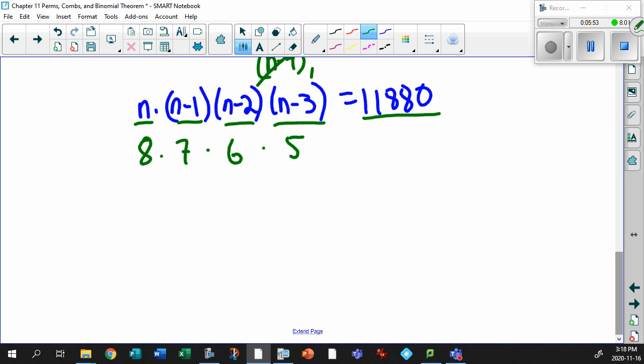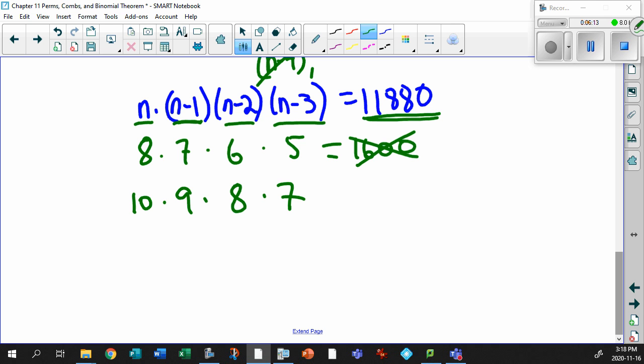And if I multiply 8 times 7 times 6 times 5, I actually end up with 1,680, which is nowhere near this. So I'm going to jump again. I'm going to jump all the way to, let's say, 10. So that would be 10 times 9 times 8 times 7. Oh my goodness. 10 times 9 times 8 times 7, I believe, is 5040. I'm getting closer, about halfway there, but I'm still not there.